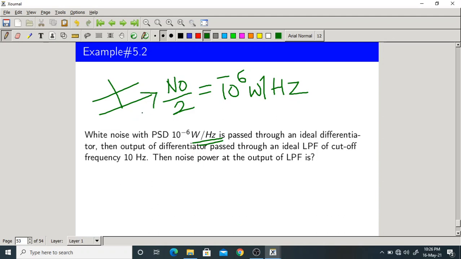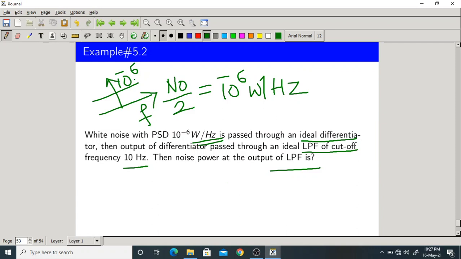It treats all frequencies equally. How much noise? 10 power minus 6 watts per hertz. Passed through an ideal differentiator. Then the output of the differentiator is passed through an ideal low pass filter of cutoff frequency 10 kHz. Then the noise power at the output of the low pass filter is.